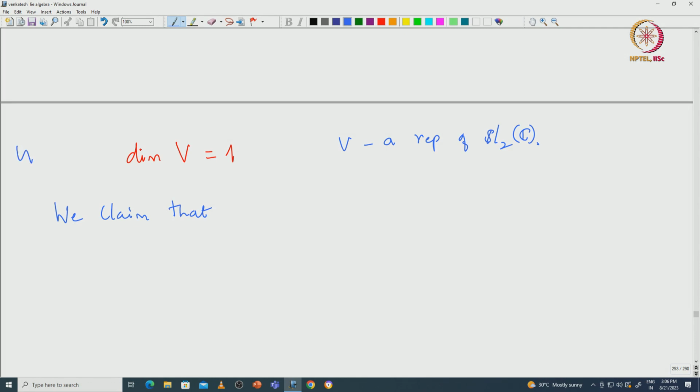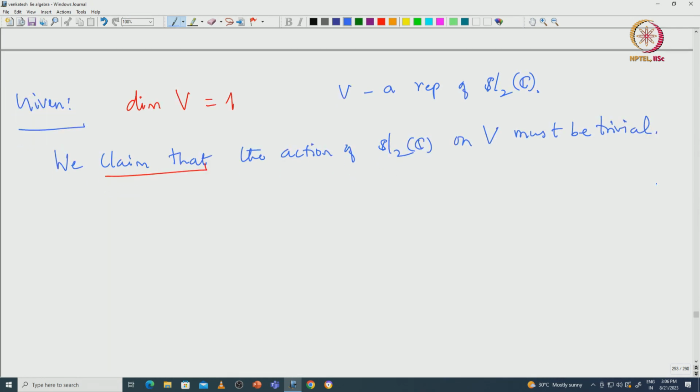So, let us say this is given. You have a one dimensional representation of SL2C. We do not know anything about the action of SL2C, but we want to claim that the action of SL2C on this V must be trivial.